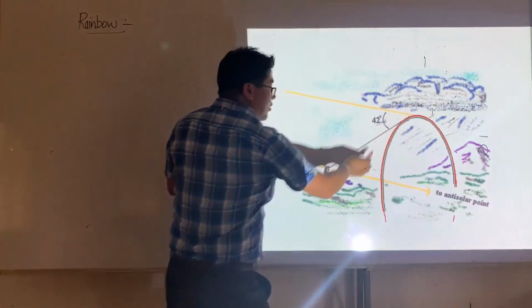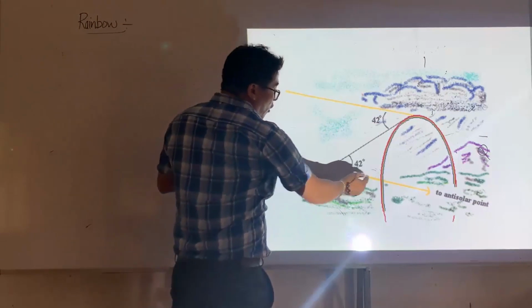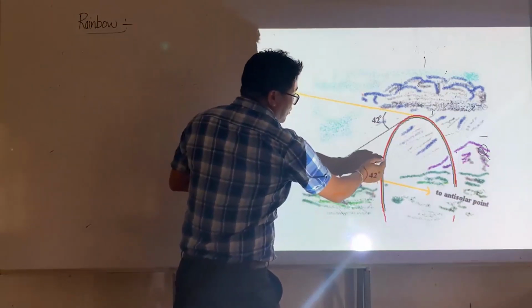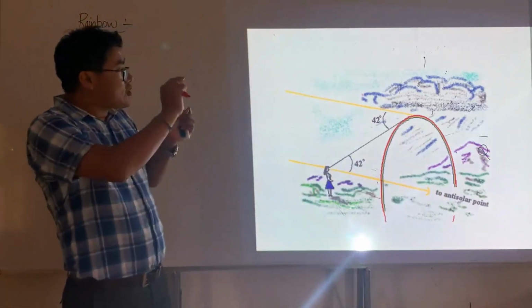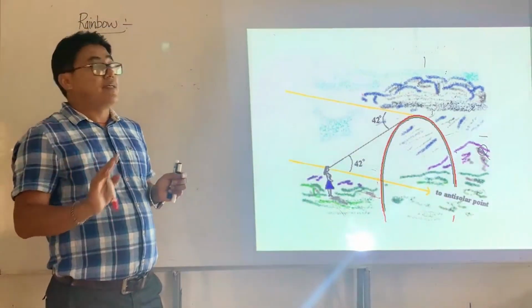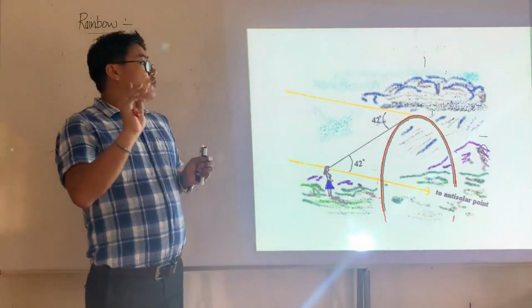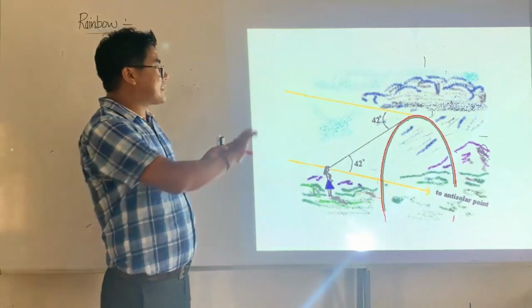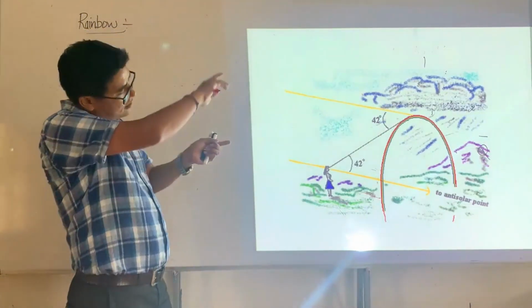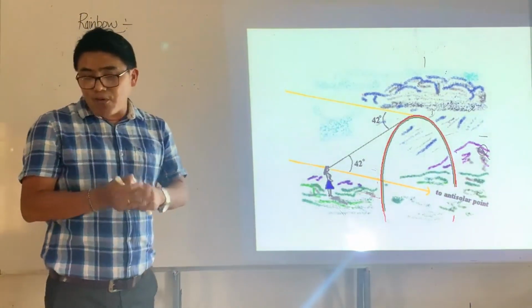So all the other sides, from here to that side, satisfy the condition. What condition? The angle should be from 40 to 42 degrees. Such a curve appears bow in shape.